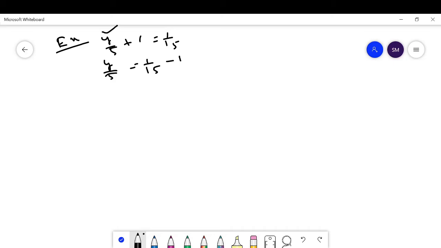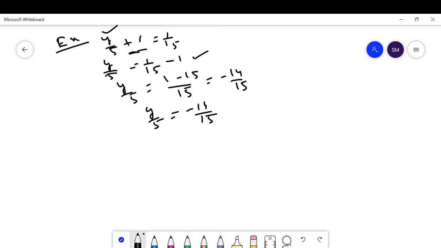The 1 is a constant, we take it to the RHS. It is added here, so when you take it to the RHS, it is subtracted. Y upon 5 is equal to, taking 15 as the LCM, 1 minus 15, which is minus 14 upon 15.